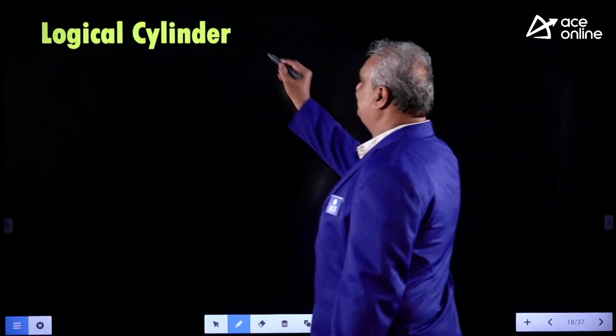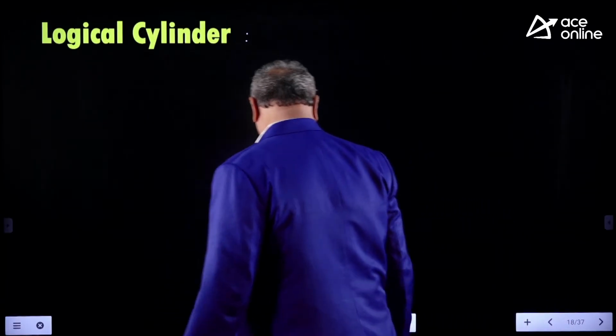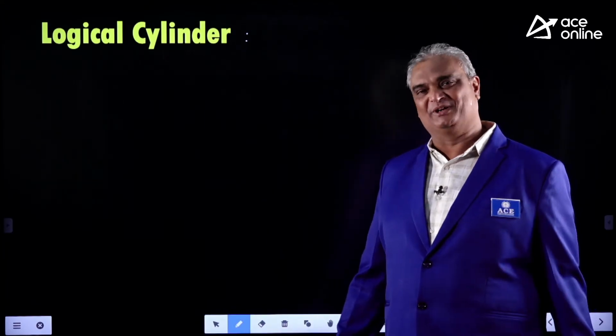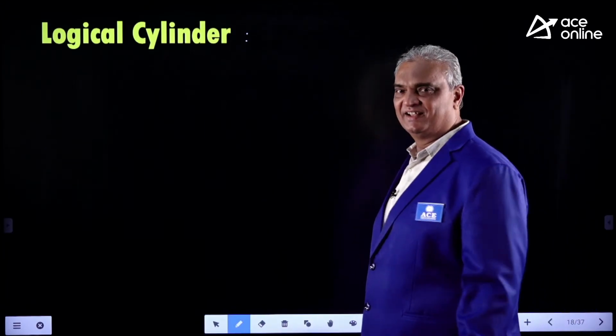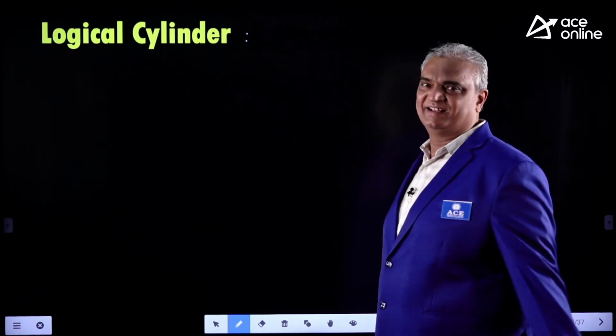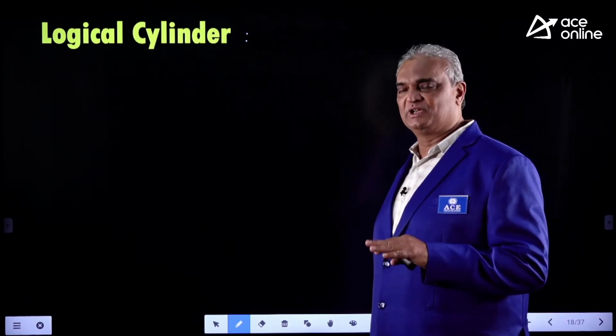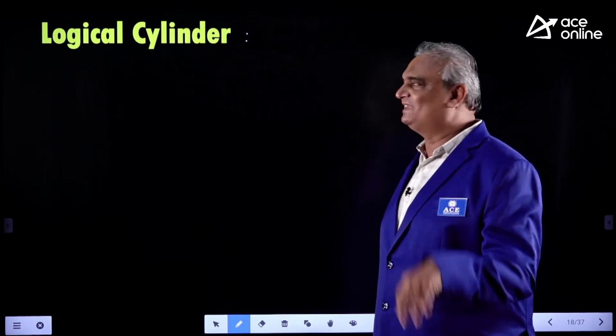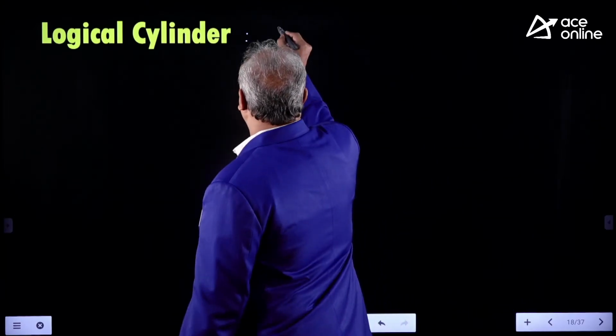Next, logical cylinder. In magnetic hard disk, it is very important. What is logical cylinder? Get 100% clarity in this, otherwise it is not possible to solve a question on logical cylinder. We had excellent questions on this.